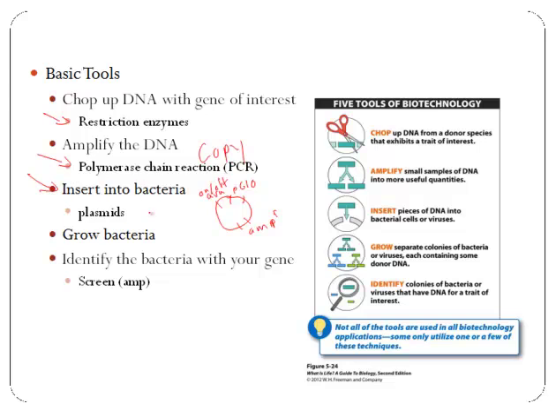So we could grow them in bacteria using plasmids, and a plasmid is a small circle of DNA that you can add to bacteria and allow them to grow. And then you need to screen or identify which of those growing bacteria actually has the information that you needed. The screen that we used in class was ampicillin, so if the bacteria did not get this little circle of DNA, they didn't survive on the plates because we put ampicillin in there.